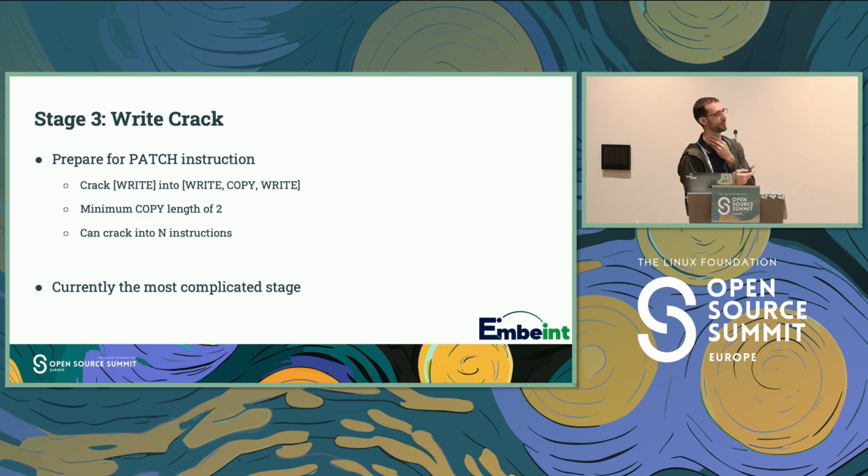We make sure that we're copying at least 2 bytes, because otherwise the metadata is larger than the space you're saving. This can crack a single write instruction into an arbitrary number of these patterns, which we see in practice. This is currently the most complicated step. There's quite a bit going on there to make sure that you don't accidentally break the patching.